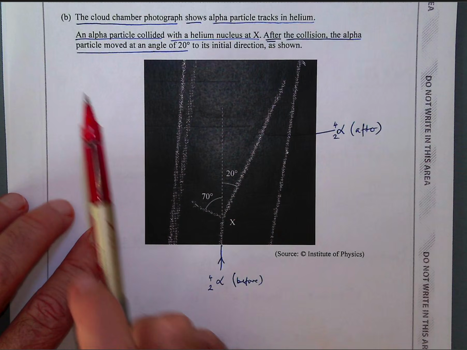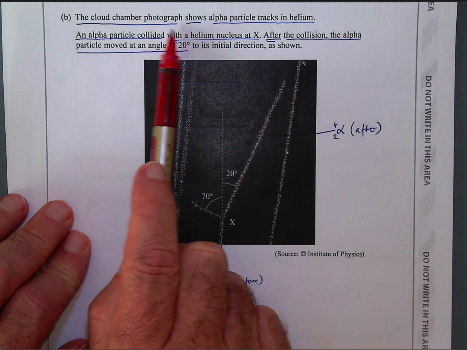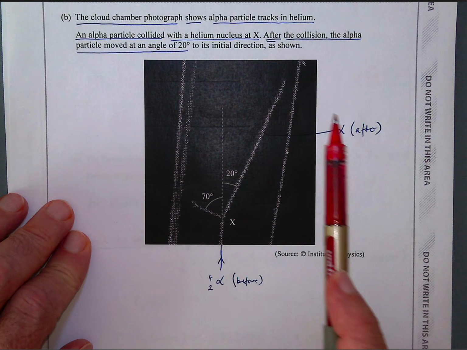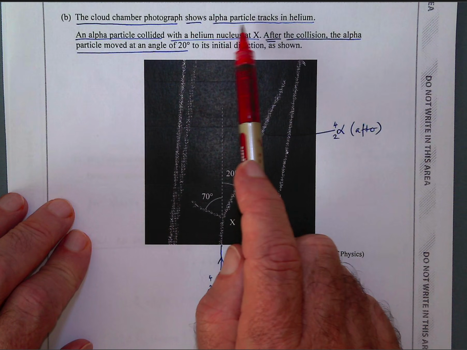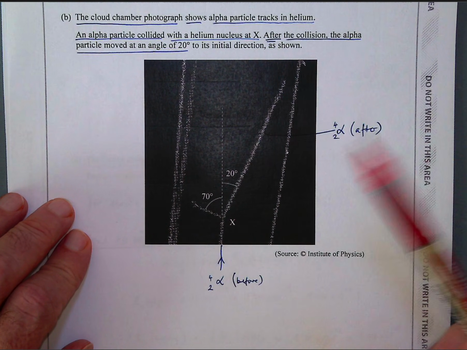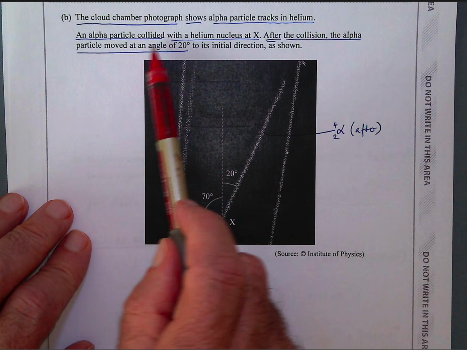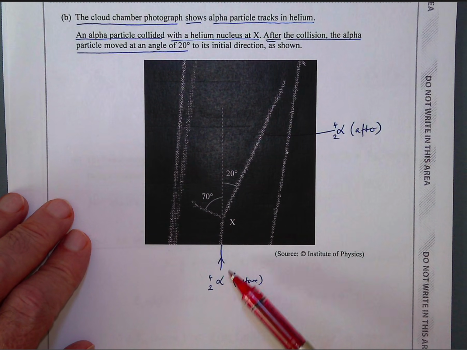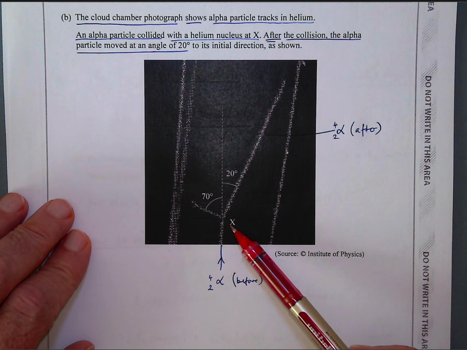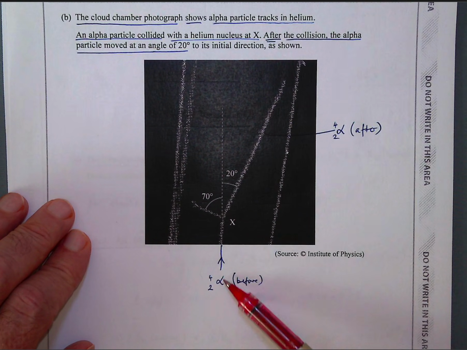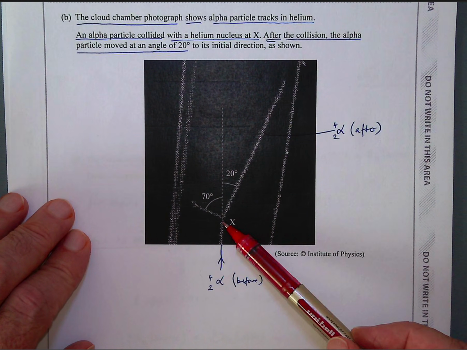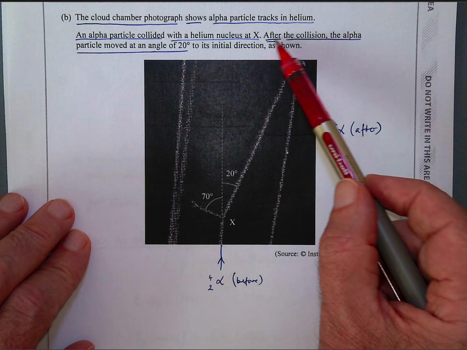You just got to get into the habit of expressing things explicitly. Don't leave anything implied. The cloud chamber photograph below shows alpha particle tracks in helium. So there must be helium inside the cloud chamber. An alpha particle collided with a helium particle at x. So x is here. We're assuming that the alpha particle is coming this way because afterwards it says the collision.